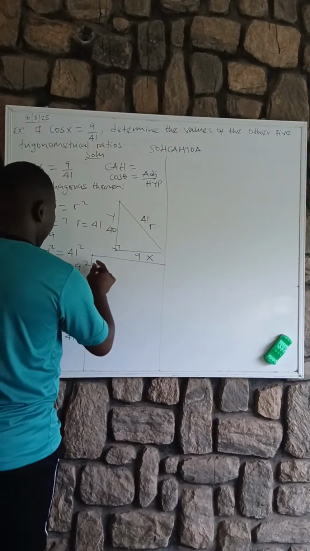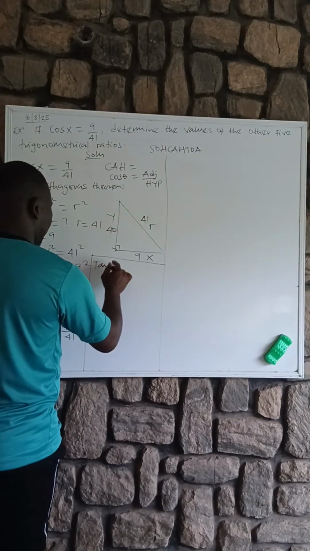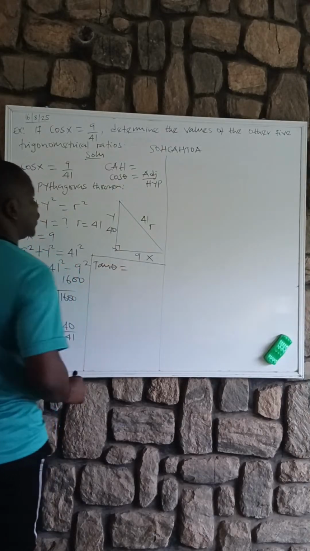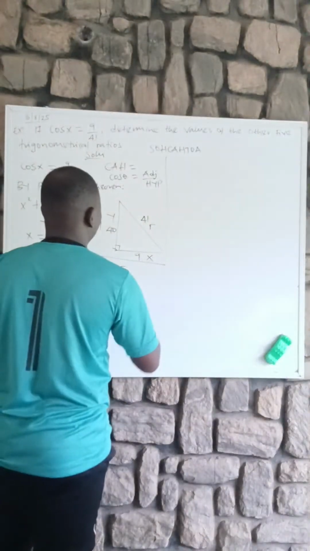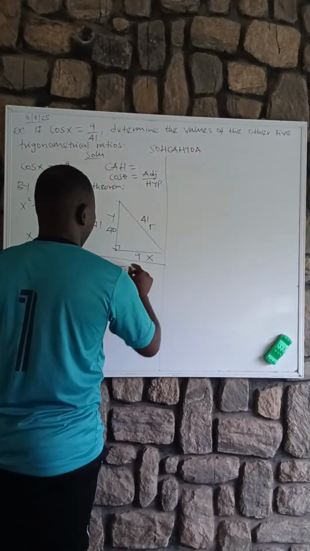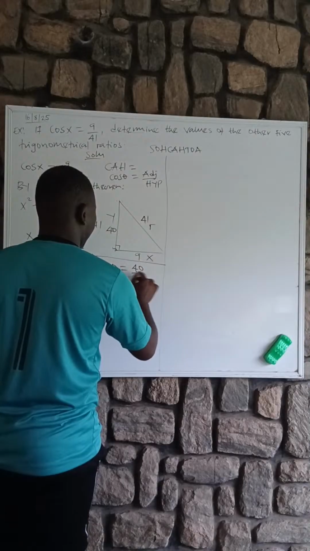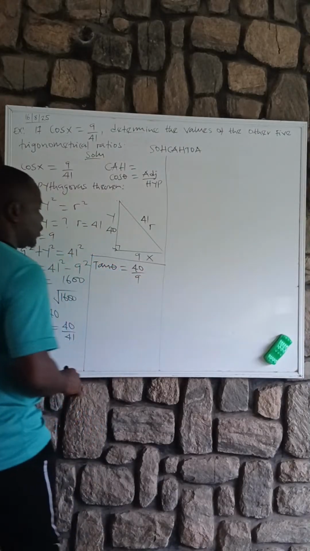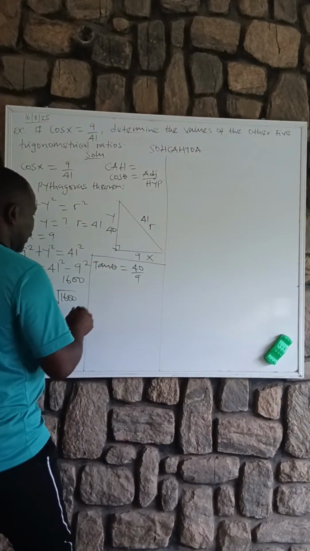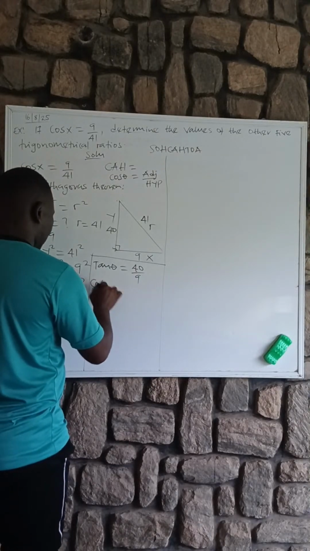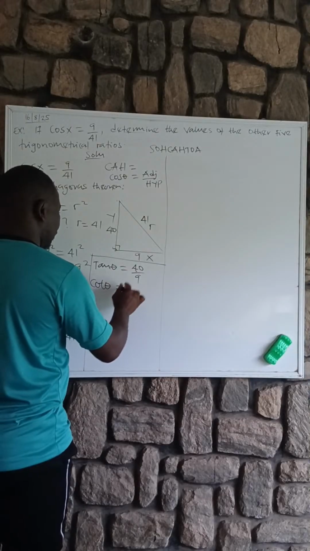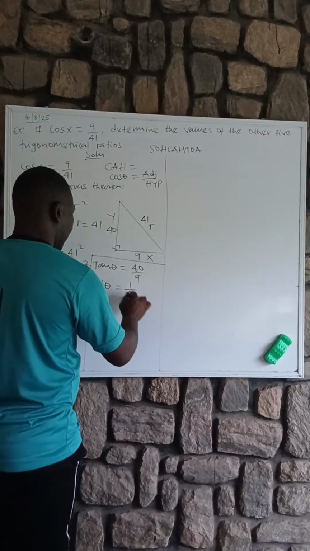Then tan theta should be what? Opposite all over adjacent. Opposite is 40 all over 9. True or false? Then cot theta is 1 all over tan theta.